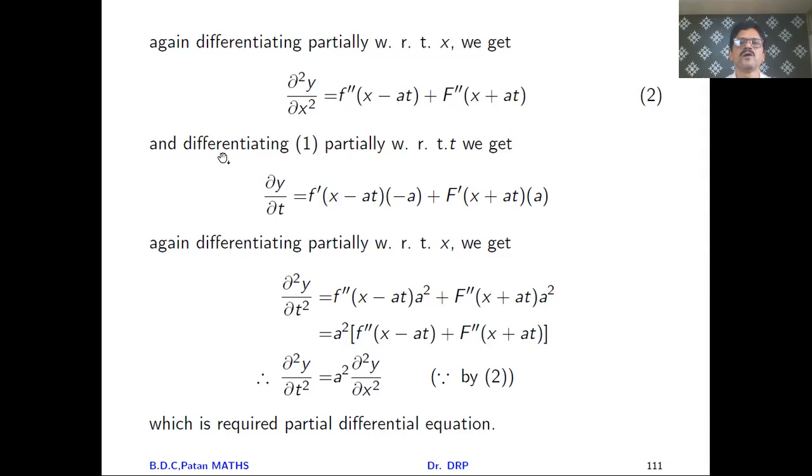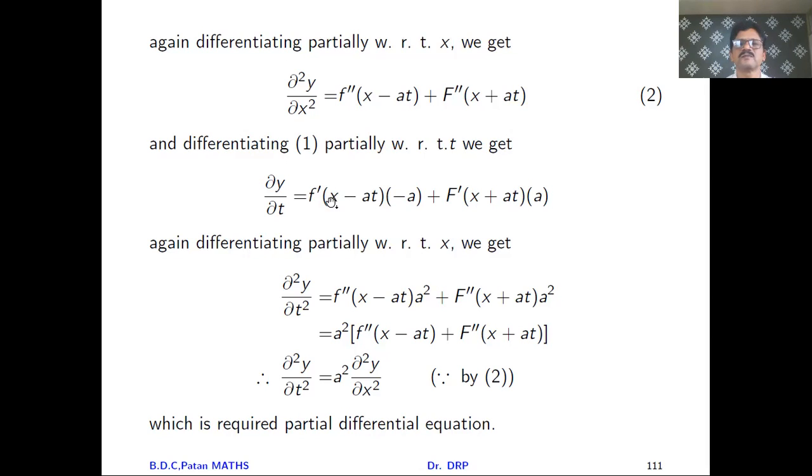Now what you have to do, you differentiate one partially with respect to t. On the LHS it gives delta y by delta t, because y is a function of t also. So LHS we get delta y by delta t is equal to the derivative of f of x minus at with respect to t. You will get f dash of x minus at into the derivative of x minus at with respect to t, keeping x as constant, you will get it as minus a.